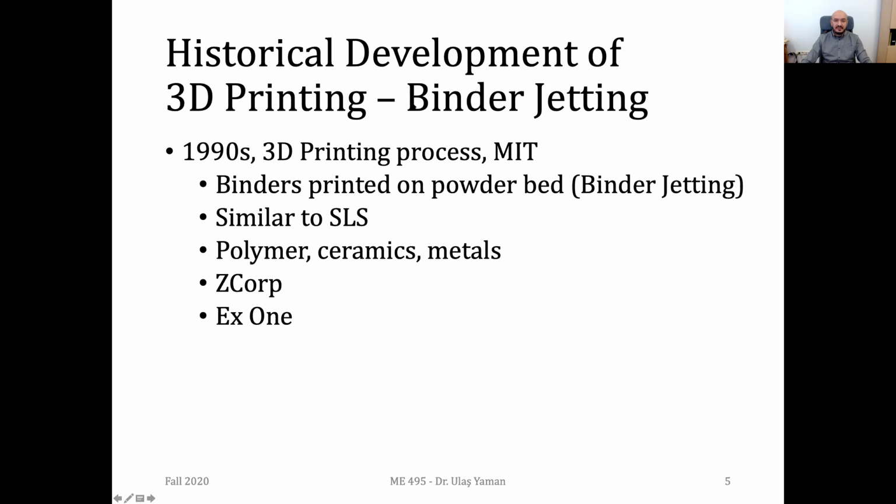On the other hand, on the binder side, this was patented by MIT around the 1990s. But these days, obviously, the patent has expired. And even in Turkey, we have some companies working on binder jetting processes. The fundamental thing is that it's very similar to selective laser sintering.